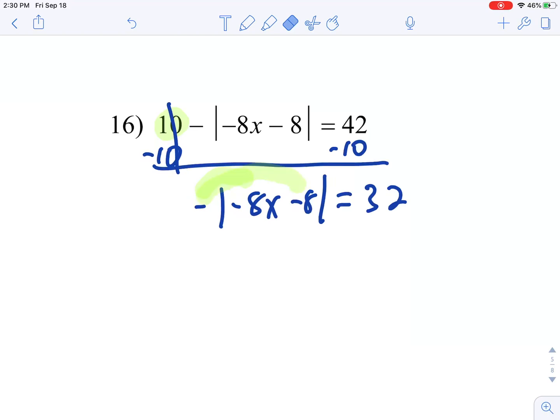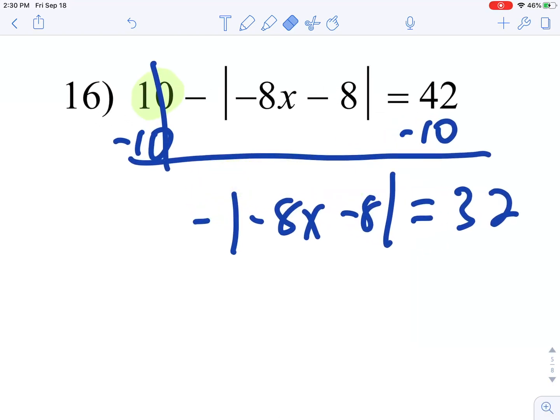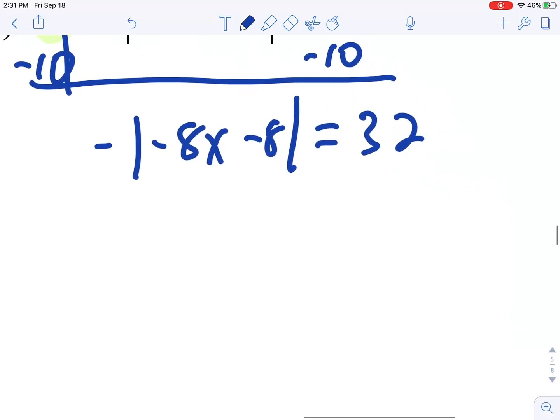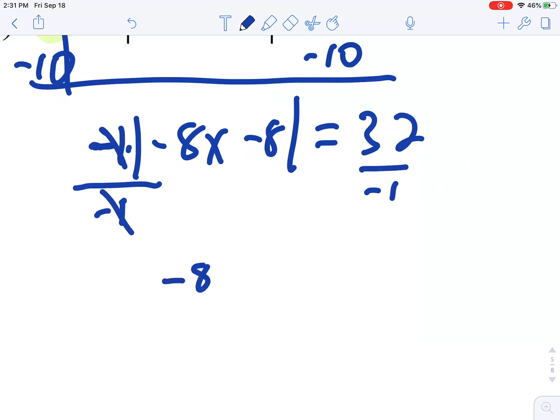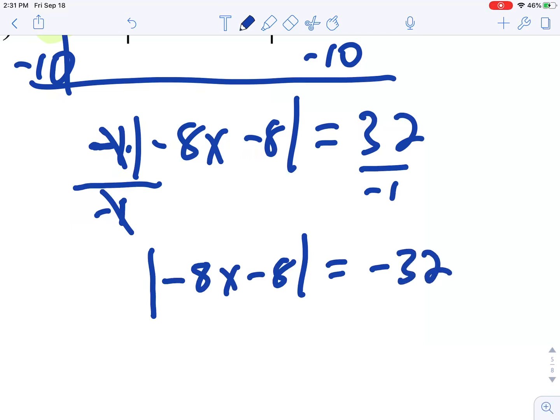That'll mess everything up. Absolute value bars are kind of like parentheses sometimes, but not when it comes to distributing a negative. So what you do is you treat this negative sign as though it's a negative 1 and just divide it over to the other side. You get the absolute value of negative 8x minus 8 equals, let me write this a little more neatly, 32 divided by negative 1 is negative 32.